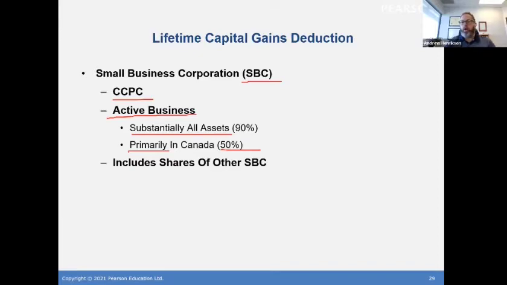You could own 1 share and be disposing of 1 share. You could own all the shares. You could own 10% of the shares. So there's no requirement on you as to how much you own. It's more about the characteristics of that company, that it would be considered an SBC.